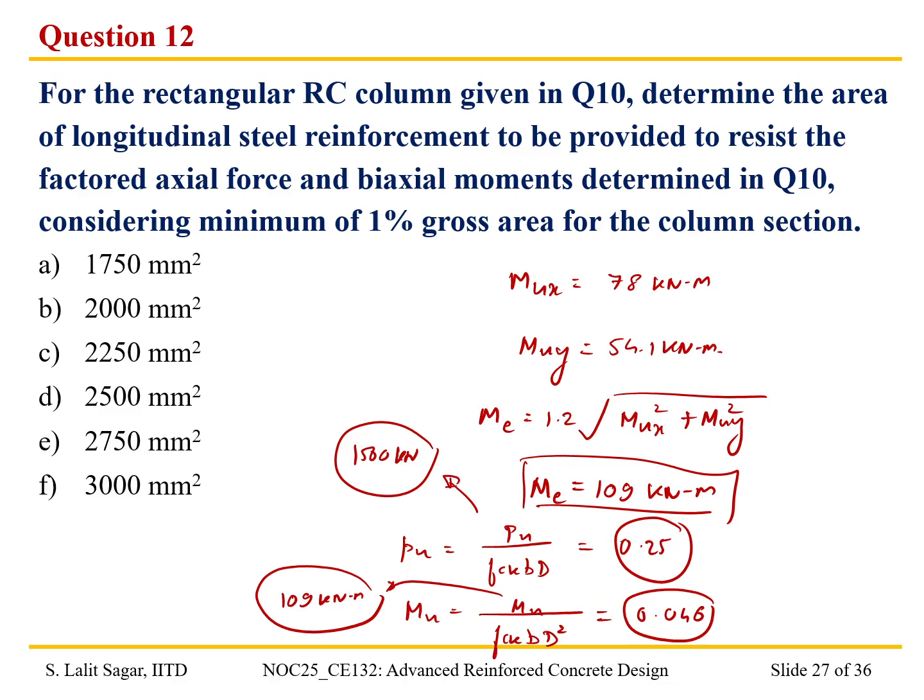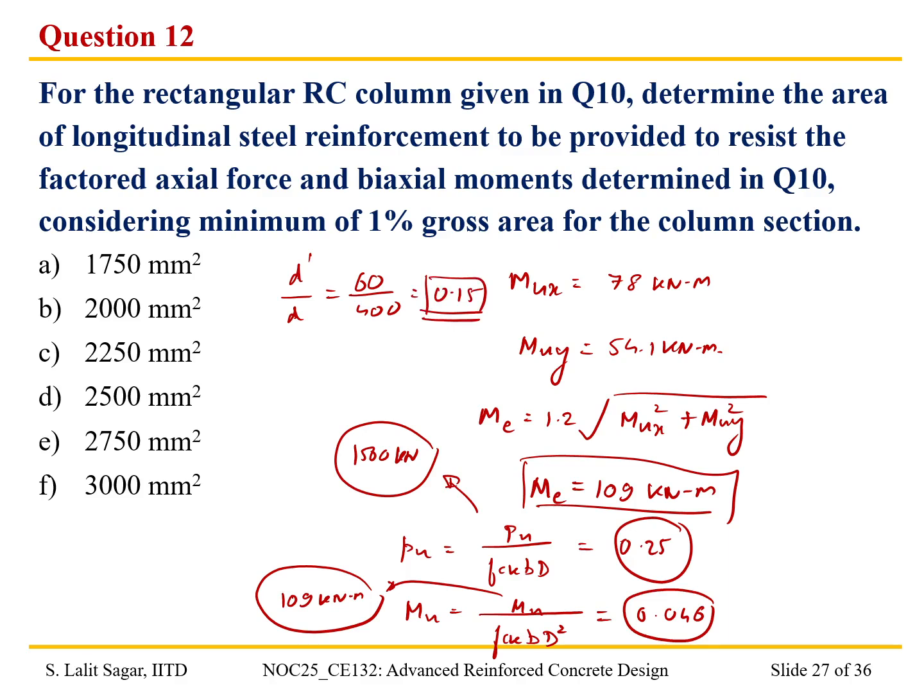Let us go back to the chart and see. So 0.25, and let us assume this d dash by d as 60 by 400, that is 0.15.